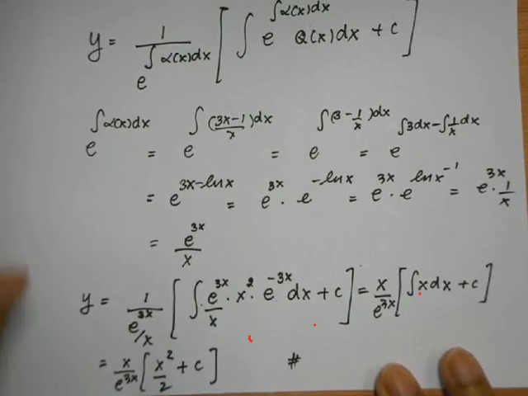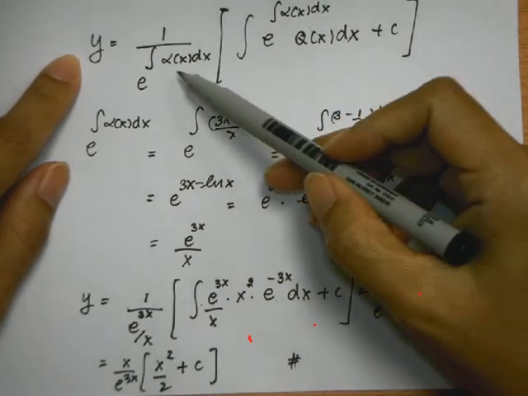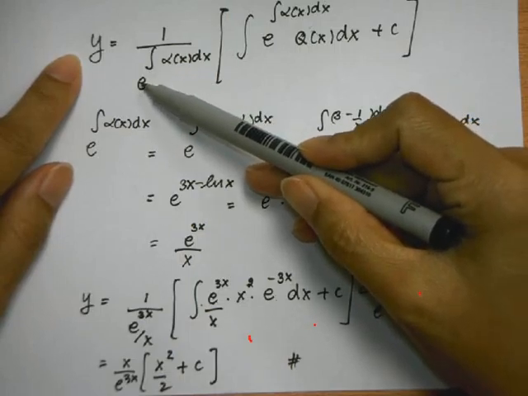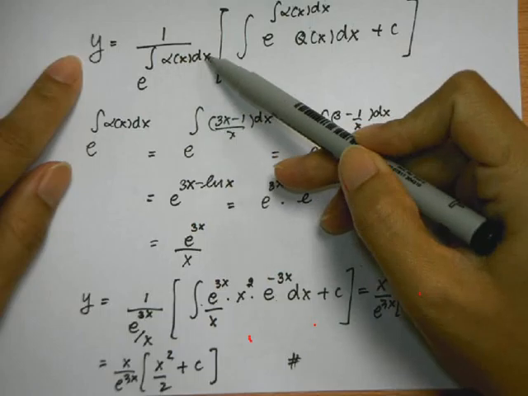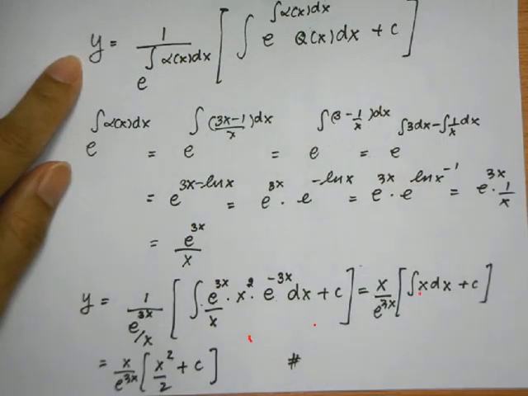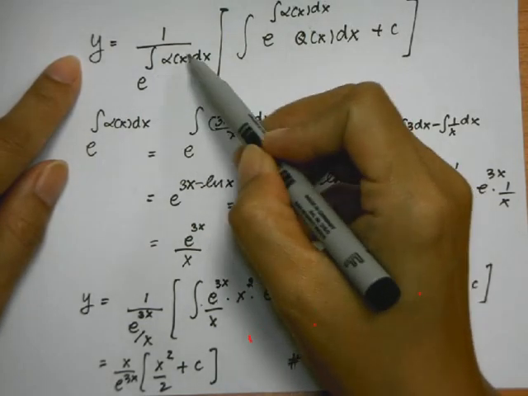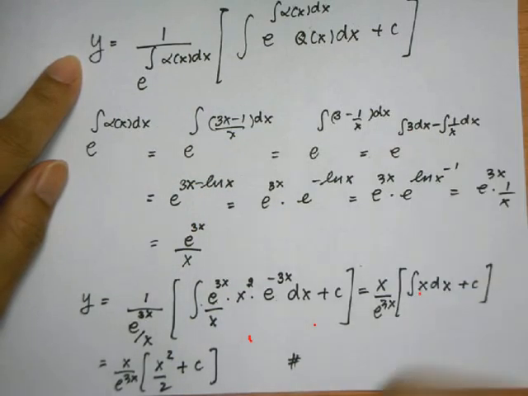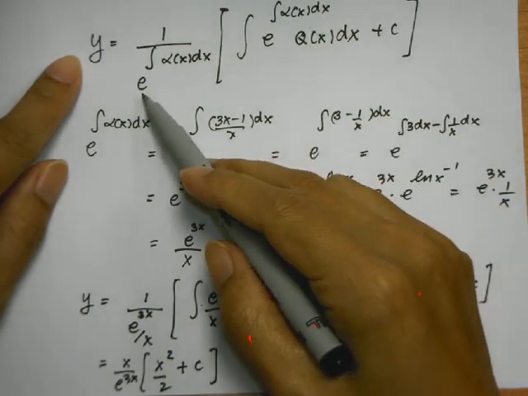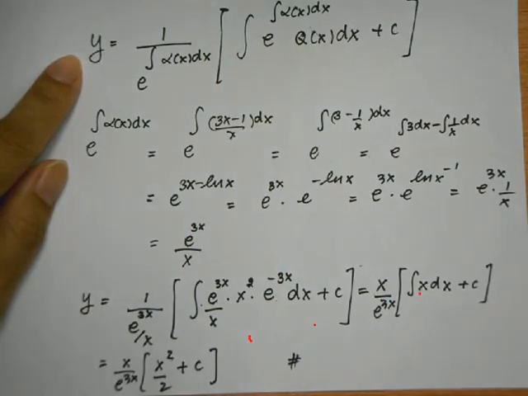For this line, if the term exponential of the integral of alpha(x) dx makes you feel uncomfortable, you can write it as mu, because this one is an integrating factor. You can write mu instead of exponential, but you know that they are all equal.